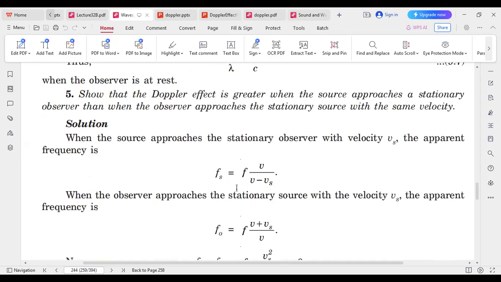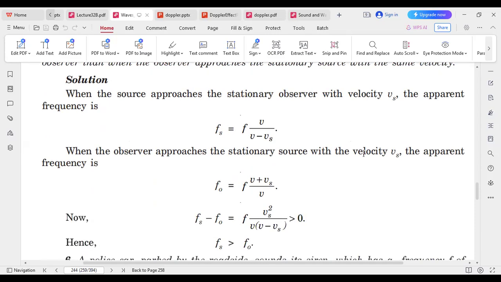Show that the Doppler effect is greater when the source approaches a stationary observer than when the observer approaches the stationary source with the same velocity. When the source approaches the stationary observer with the velocity vs, the apparent frequency is this. When the observer approaches the stationary source with the velocity vs, the apparent frequency will be this.